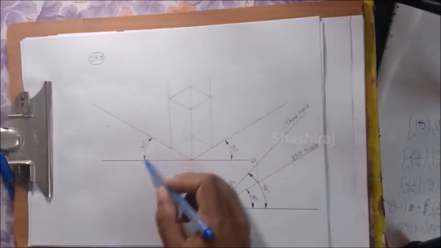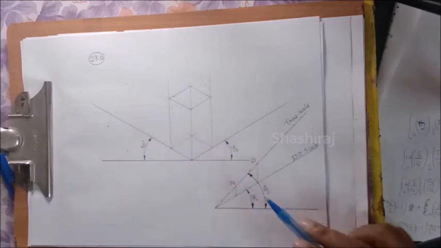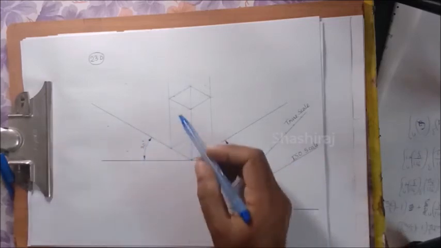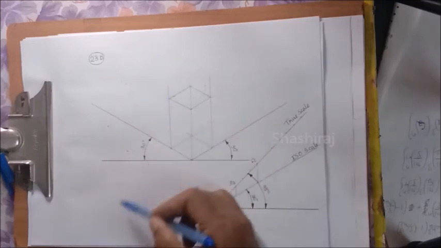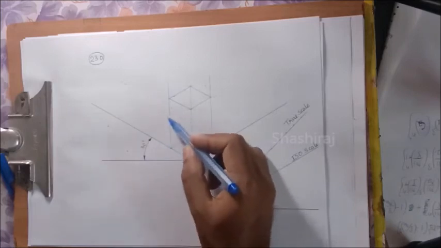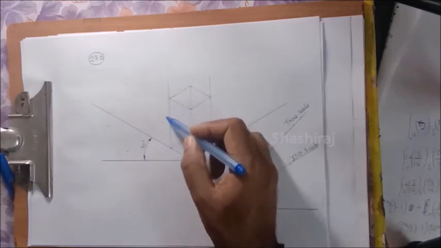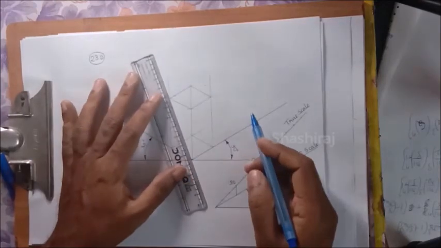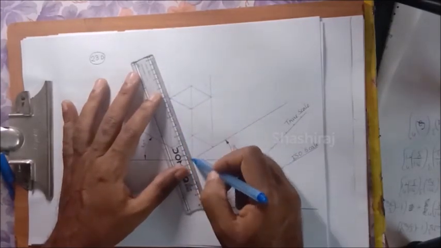Now the cylinder has to come here. Then only when you see like this, the cylinder looks like a rectangle. When you see like this, it looks like a circle. So the cylinder has to be constructed here, in this direction. In order to construct the cylinder like this, we need to construct an ellipse here first. So to construct the ellipse here, we need to find out the center of this face first. We'll draw these two lines to get the center of the face.